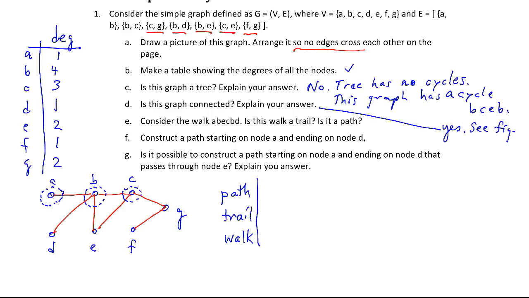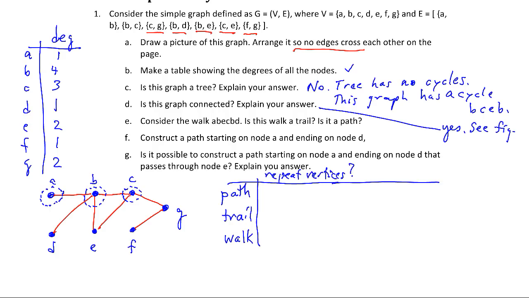These are distinguished from one another by whether or not you can repeat a vertex, or whether or not you can repeat one of the edges in the walk.